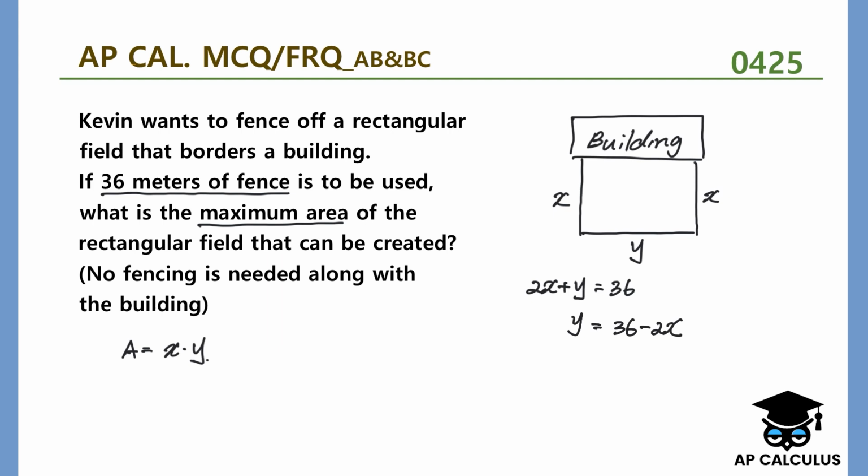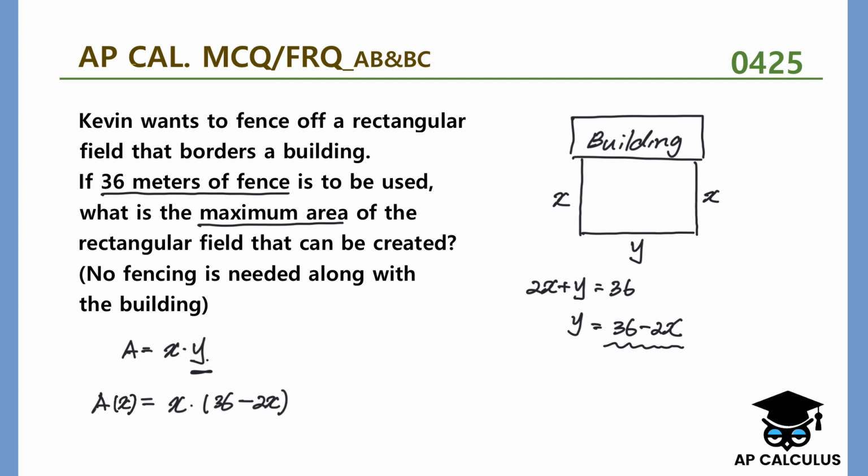Substitute this expression for y here, and we have x times 36 minus 2x. Now our area is a one variable equation, in terms of x.